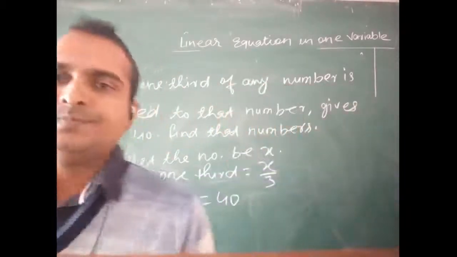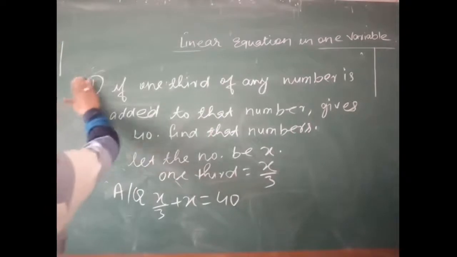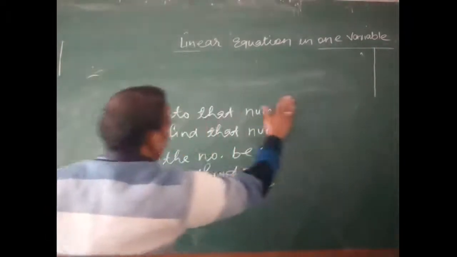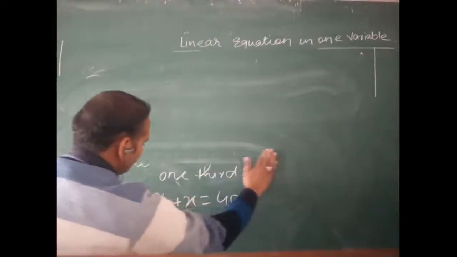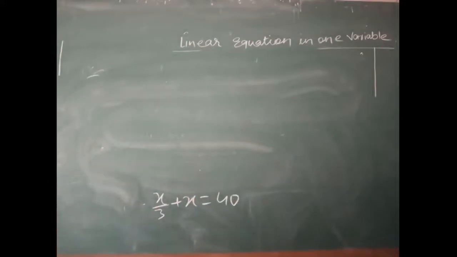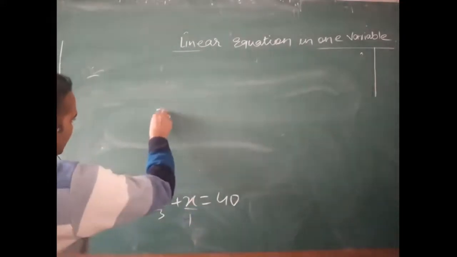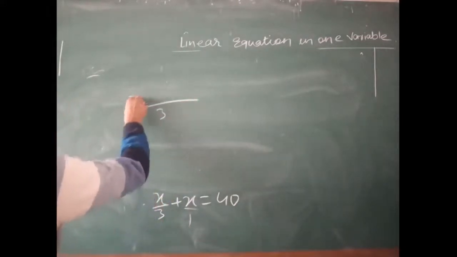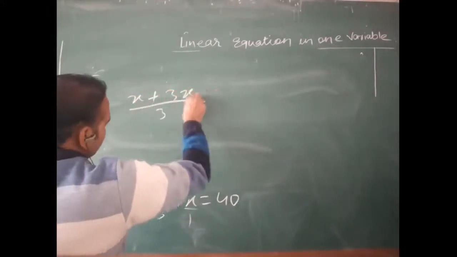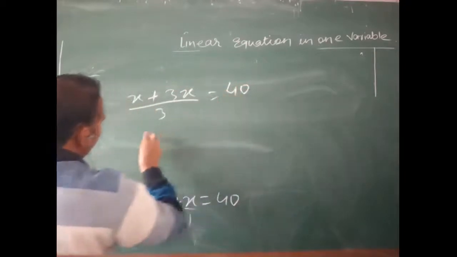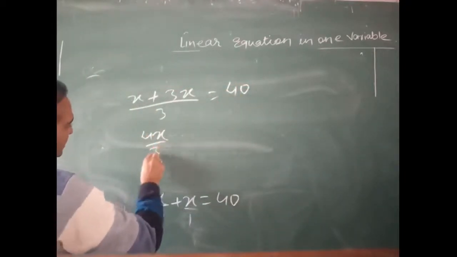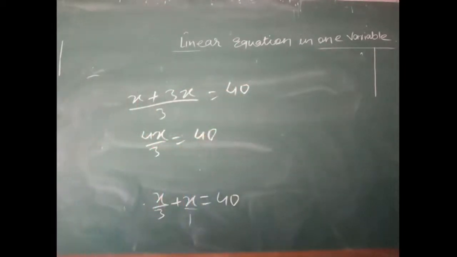Now solve it. How to solve? LCM of 1 and 3 is 3. x plus 3x is equal to 40. 4x by 3 is equal to 40.